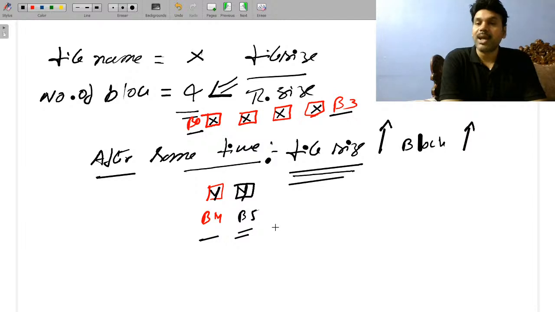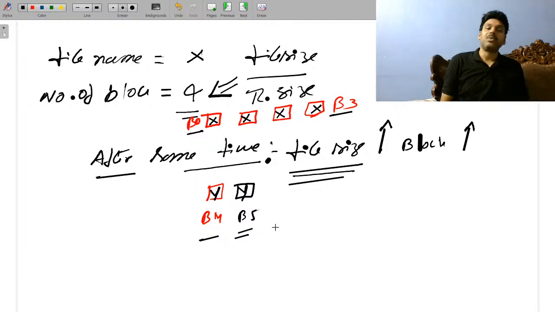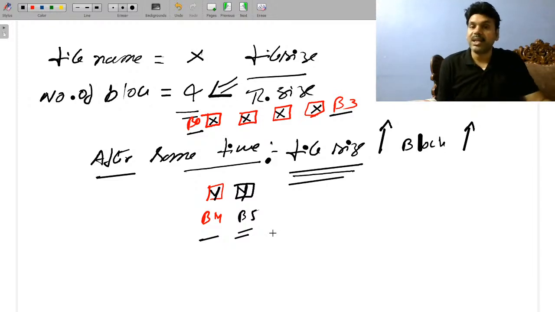You add more content and try to save. When you try to save, it checks whether those blocks are sufficient or you want more blocks. If you want more blocks, it checks whether they are contiguously available. If not, it says that it cannot save your file because you are accessing out of a block. This problem can be avoided, especially in the linked list fashion.